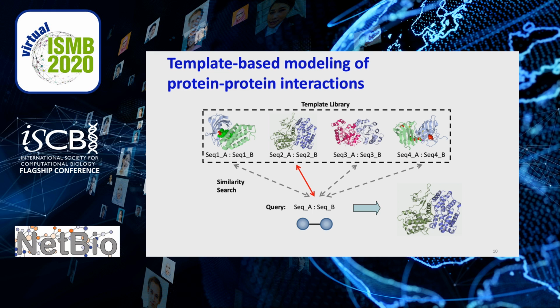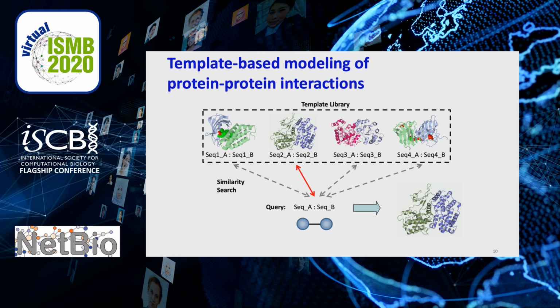Here's how homology modeling works. We start with a pair of proteins that are already known to interact from experiment. To build a three-dimensional structural model for this query protein pair, we perform a sequence similarity search of the query protein pair against a library of protein complexes with experimentally determined three-dimensional structures.